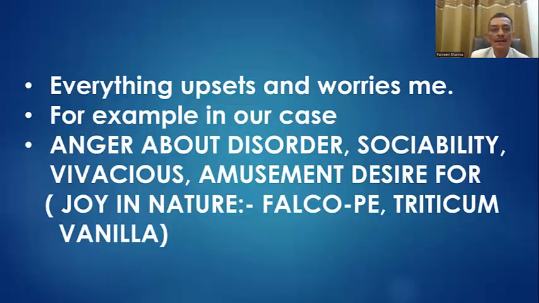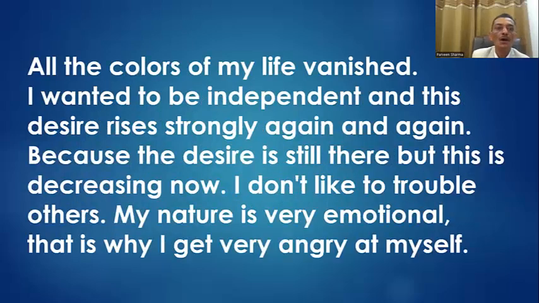For example, in our case: anger about disorder, sociability, vivacious, amusement desire for, joy in nature. Only three remedies are there: Calcarea fluorica, Triticum, and Vanilla. All the colors of my life vanished. I wanted to be independent, and this desire rises strongly again and again because the desire is still there, but it is decreasing now.